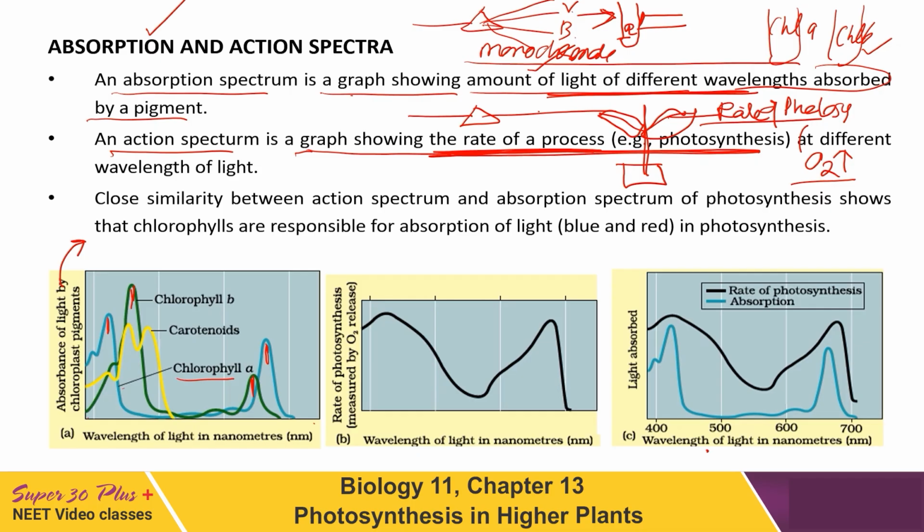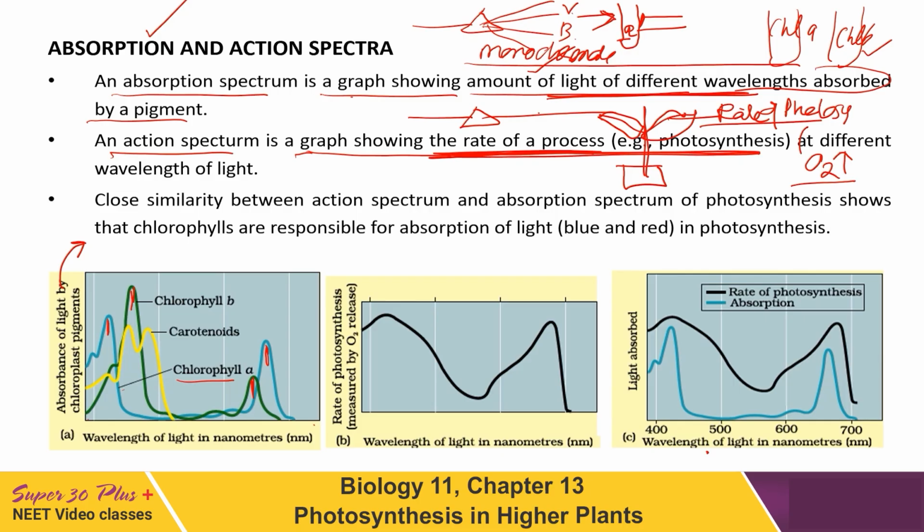Absorption spectrum is the graph which shows the relationship between light of different wavelength absorbed by a pigment. On the y-axis we have absorption of light, and on the other axis we have wavelength of light.